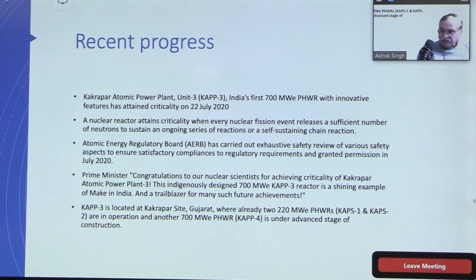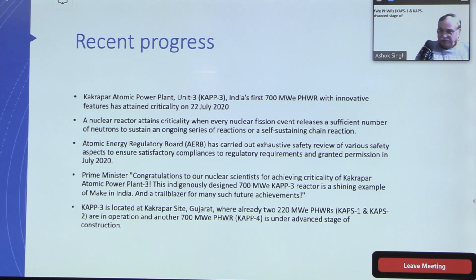This indigenously designed 700 megawatt reactor is a shining example of Make in India. The Prime Minister linked this with Make in India. Indian built advanced nuclear power plant design. You can also link it, if you like, with Atmanirbhar Bharat, but Make in India particularly. This is what the Prime Minister had said that time.